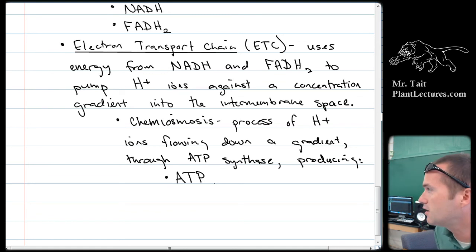So again, we make a little bit of ATP in glycolysis, we make a little bit of ATP in Krebs cycle, and then we make a boatload of ATP in the electron transport chain. Okay, that's why the electron transport chain is so good, because it's extremely efficient in producing ATP, much more efficient than glycolysis is, much more efficient than Krebs cycle is.